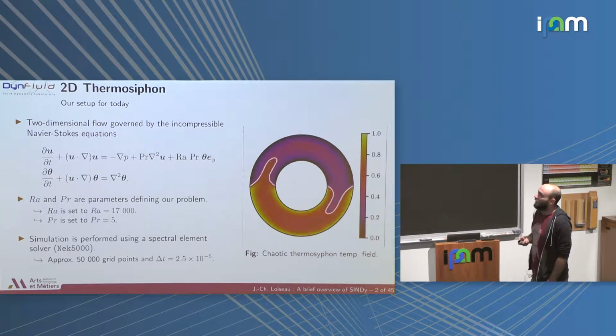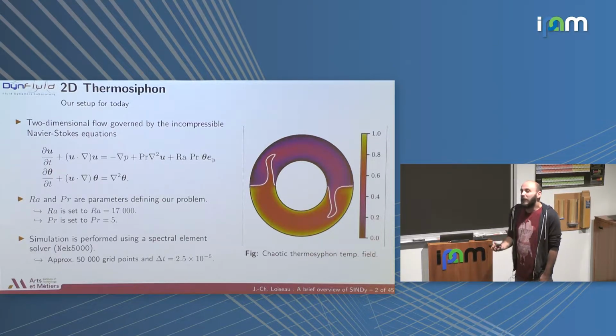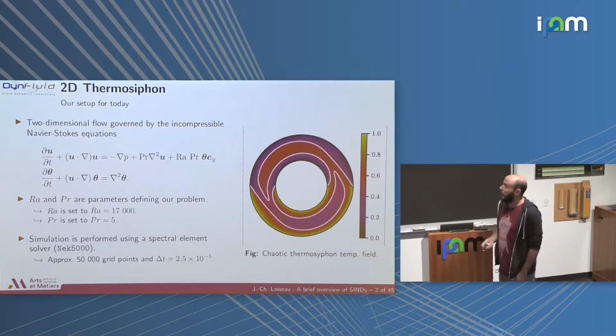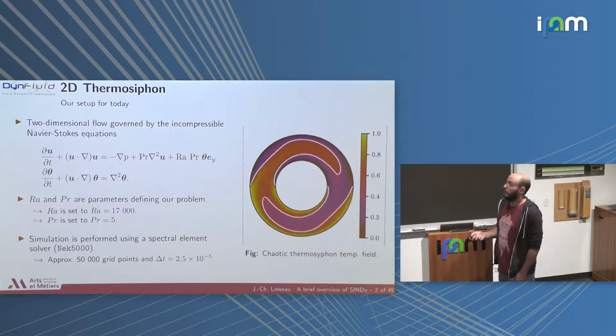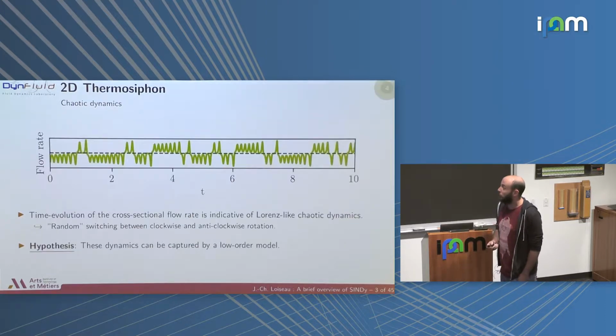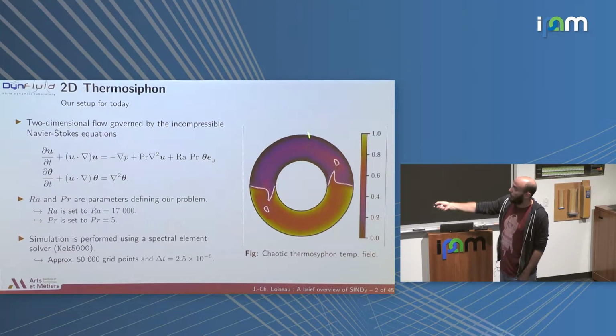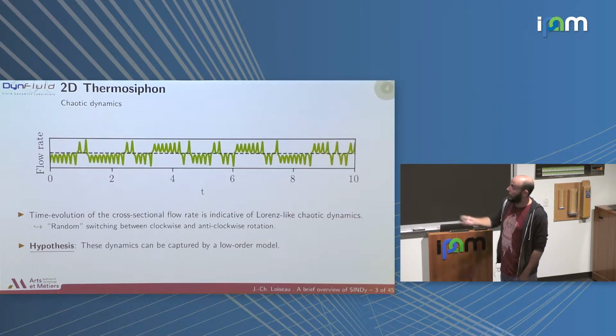Looking at this video, it clearly looks like I don't need 200,000 numbers to characterize the flow. So we're going to try to get a reduced model for it, primarily for flow control purposes. If I take the flow rate through this cross-section, that's what it looks like.